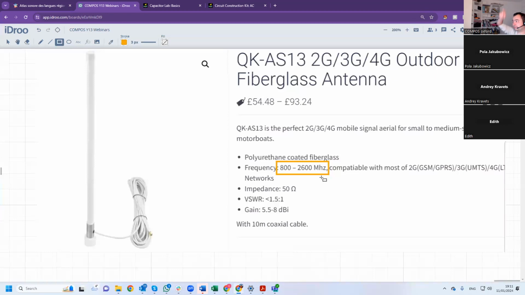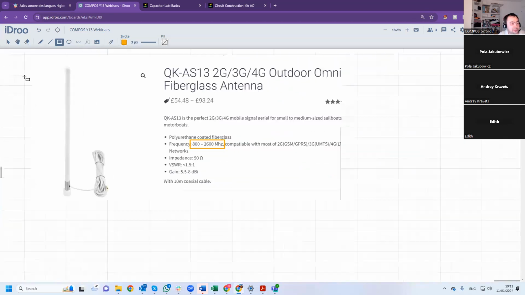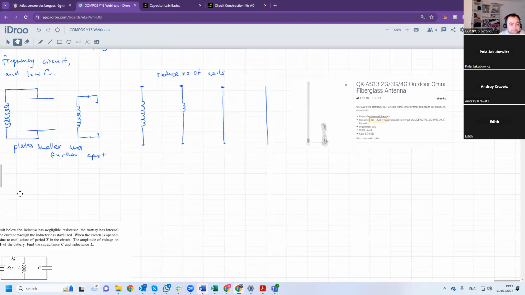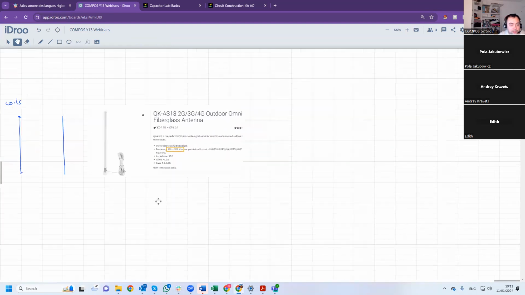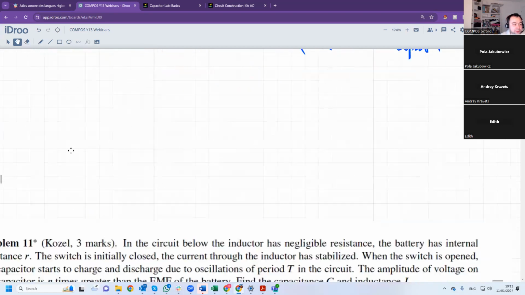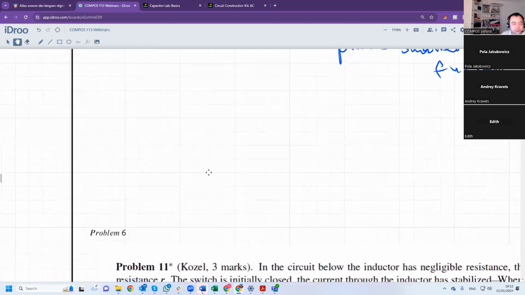The current goes back and forth through the antenna, and it catches the electromagnetic waves coming from the surroundings.